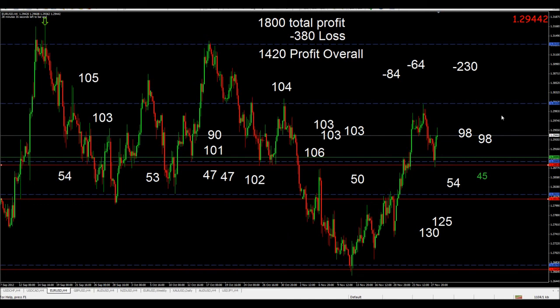Particularly, this isn't a system where there's too much thinking involved. It's just placing your orders and putting the targets where another order opens at these major support and resistance lines.